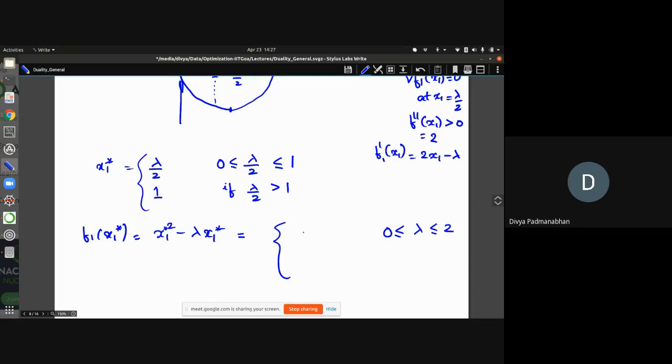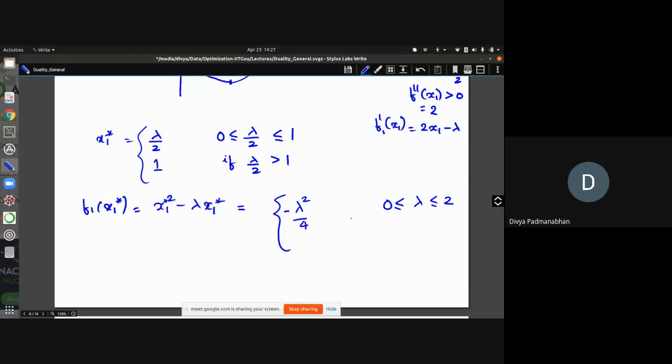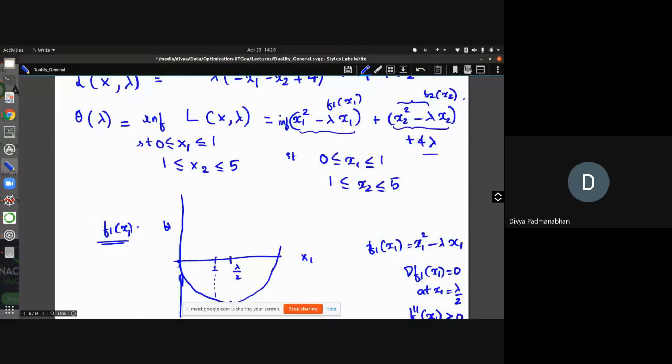So it's lambda squared by 4 minus lambda times lambda by 2, so this is just going to give you minus lambda squared by 4. Now if you take lambda greater than 2, what you will get is just 1 minus lambda. So that is this part of the function.